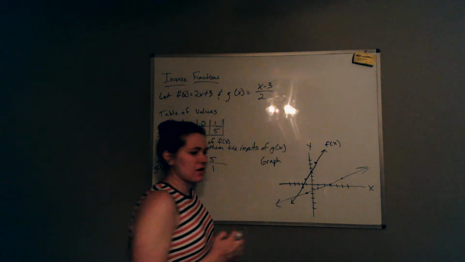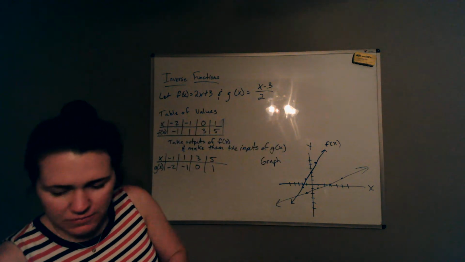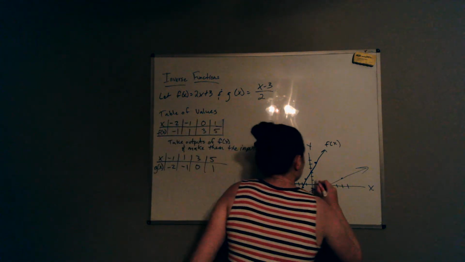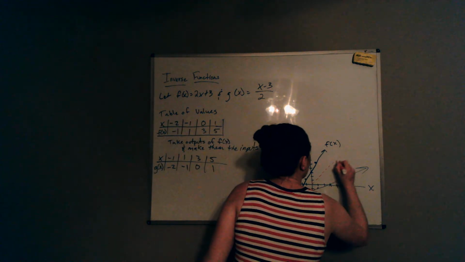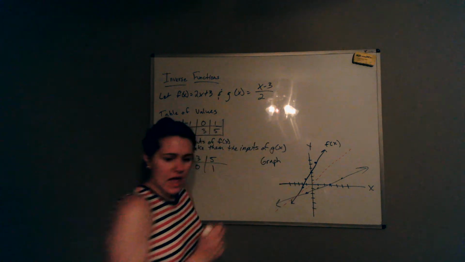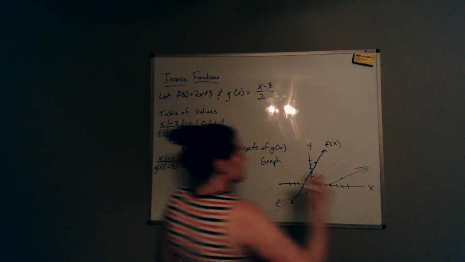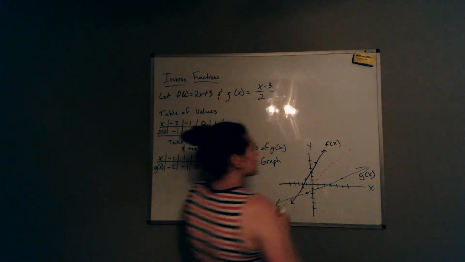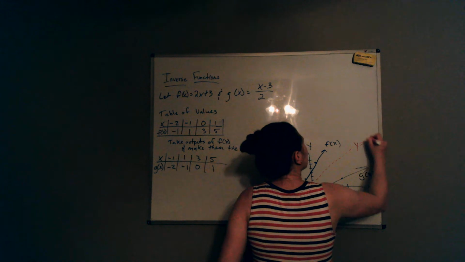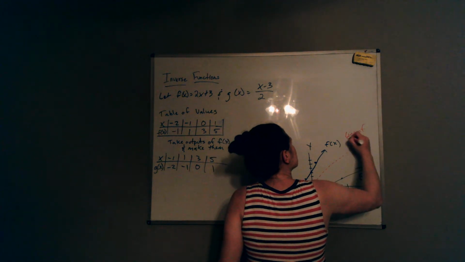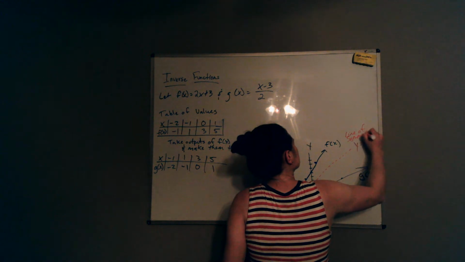Now, it might be hard to tell because we are doing it freehand, but there is actually a line of symmetry. Let's label this. This is g of x, and the line of symmetry is the line y equals x. This is serving as the line of symmetry between f of x and g of x.